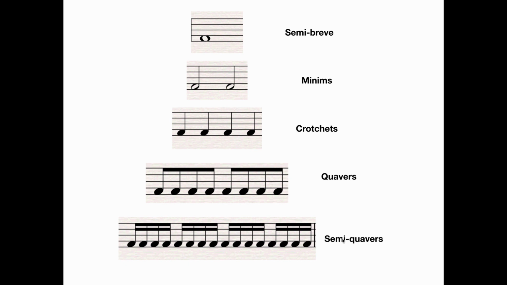So 1 semibreve is the equivalent of 2 minims. Each minim with 2 beats is therefore held for the duration of what would be 2 crotchets. Each crotchet, which is 1 beat, is held for the duration of 2 quavers, which are half a beat each. And each quaver, which is half a beat, is the equivalent of 2 semiquavers, which are a quarter of a beat.